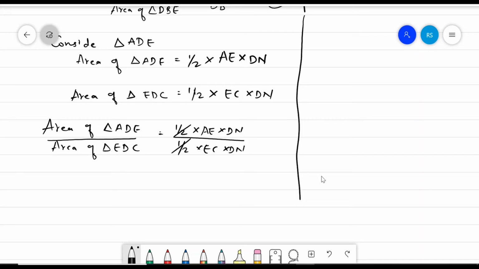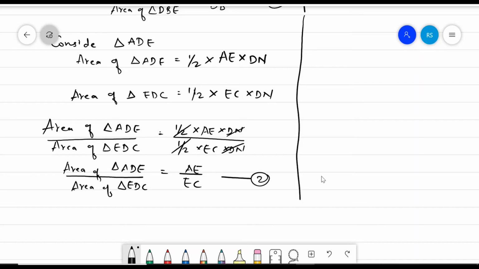So this got cancelled, this got cancelled. So we got area of triangle ADE upon area of triangle EDC is equal to AE upon EC. We'll consider this as equation 2.